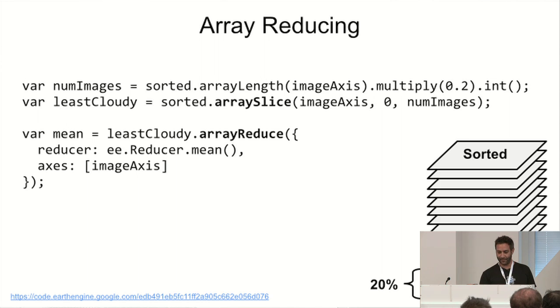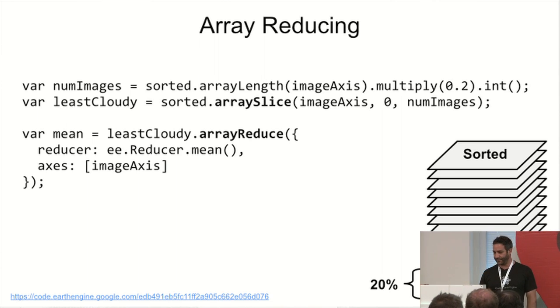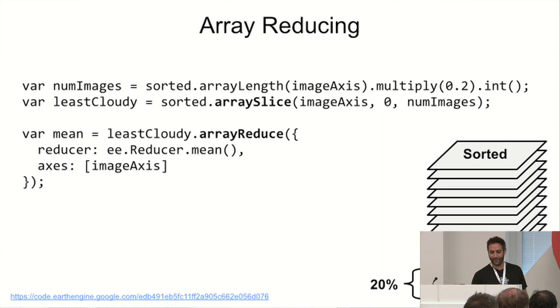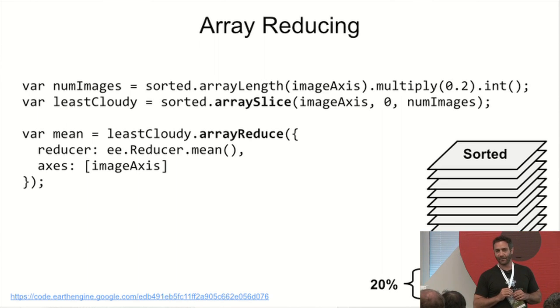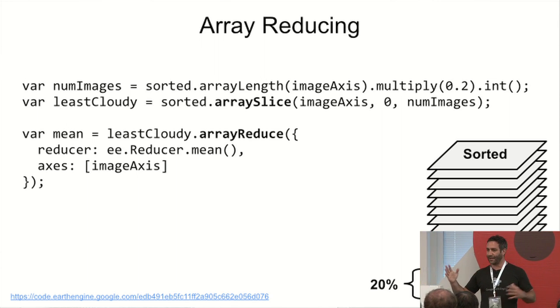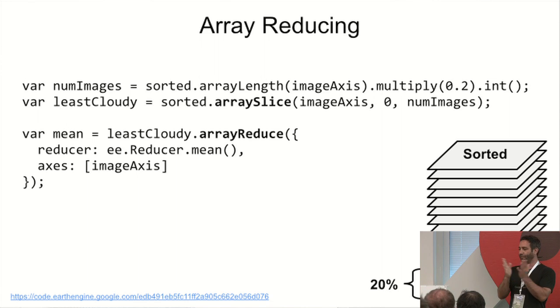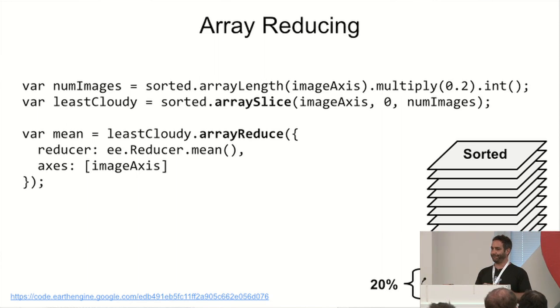We take 20%, cast it to an int, and then we just slice it along that axis from 0 to this 20% number of images, and then call array reduce on it, specifying the reducer that we want to use, and also specifying the axes along which we want to reduce the array. So this is how reducing works in the array space. You give it the reducer, and you give it the axis, and then it reduces the array along that axis.